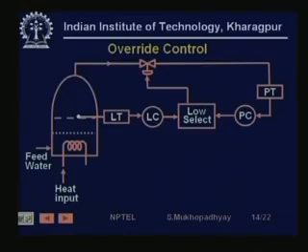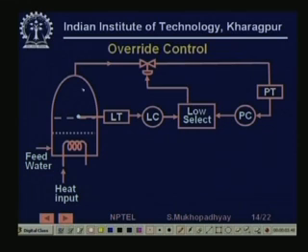A typical common sense example: here you have something like a boiler where you are getting feed water and you are having heat input, so you are producing, let us say, steam. You have water, so there is a water level, and steam is going out and being used for some purpose, maybe the steam plant for the whole factory where steam is required for several other purposes, for heating up certain things.